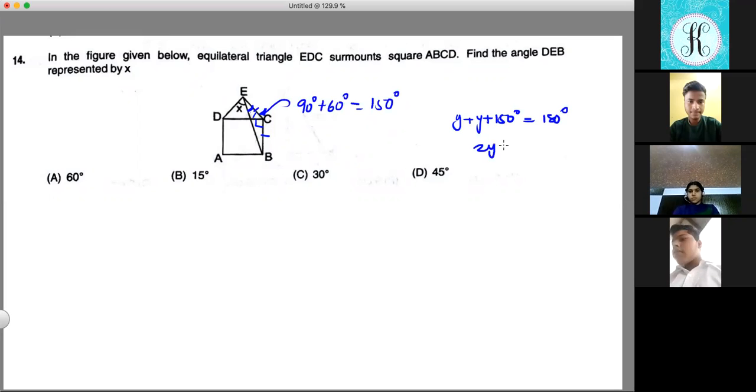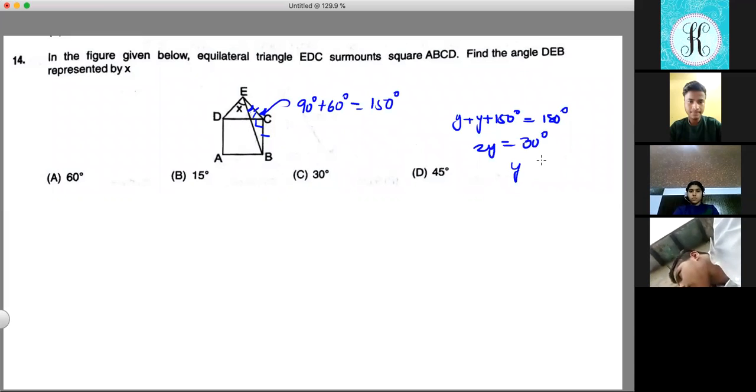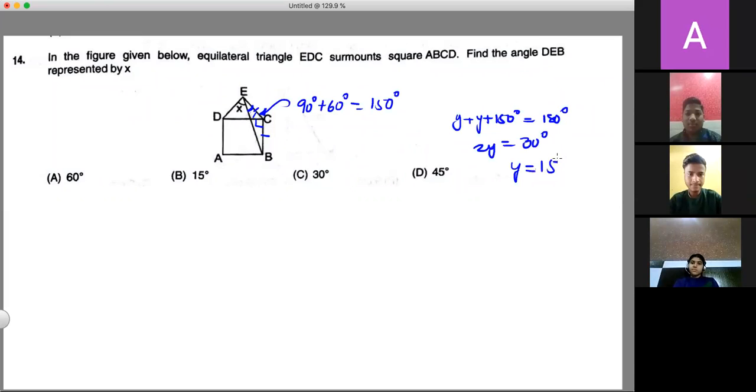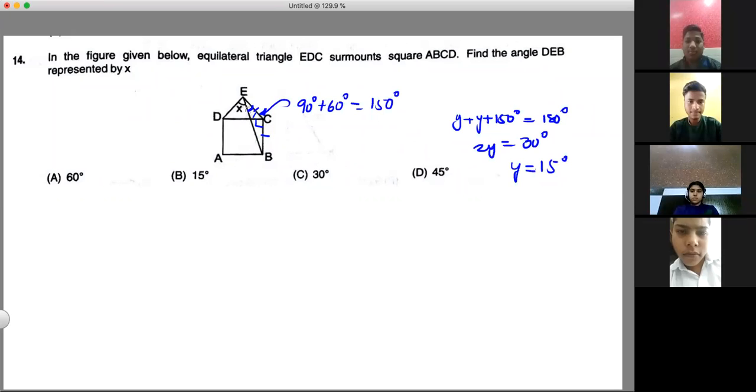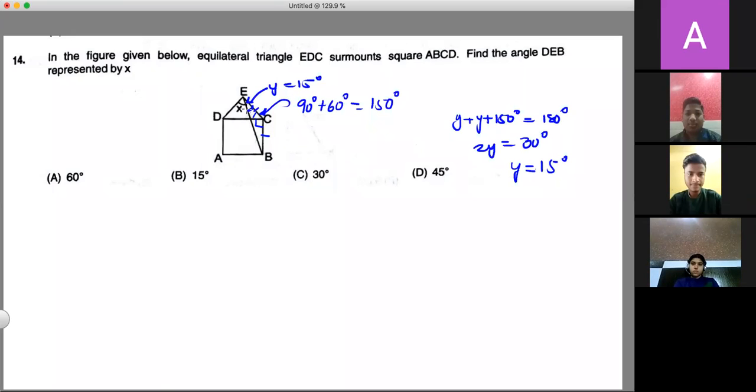It means 2y is equal to 30 degrees and y is equal to 15 degrees. Right? So we got y is equal to 15 degrees. Can we find x now? This complete angle is 60 degree, right? So x is equal to 60 minus 15, 45 degrees. Yeah, D is the answer.